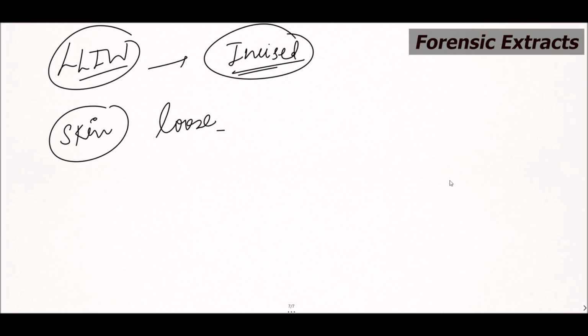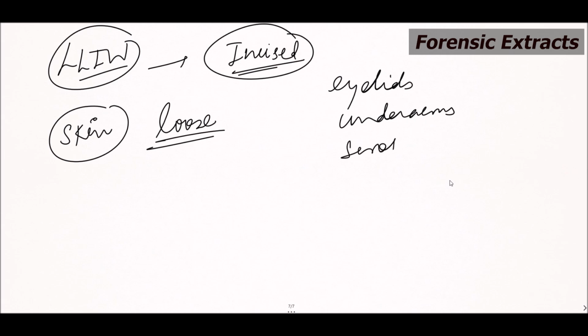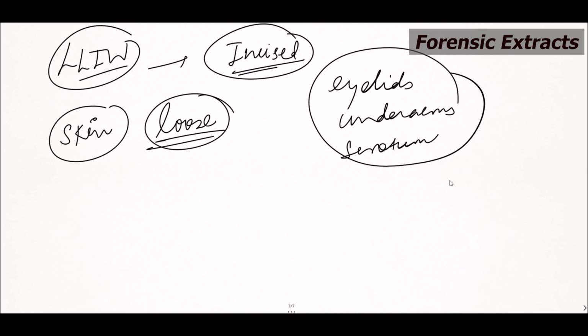So because of this loose or lax skin, like our eyelids, underarms, scrotum, the skin on these areas is loose. So if there is an incised wound, because of this loose skin, the margins of these incised wounds will appear like this.